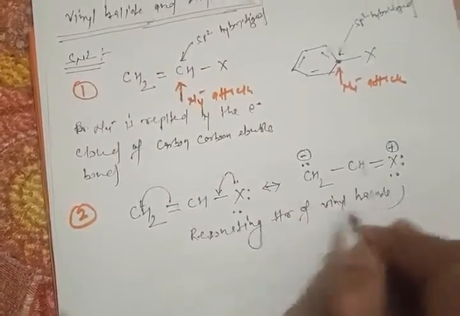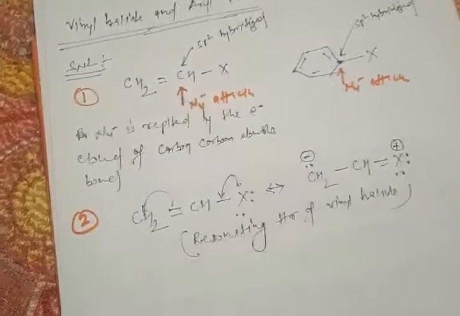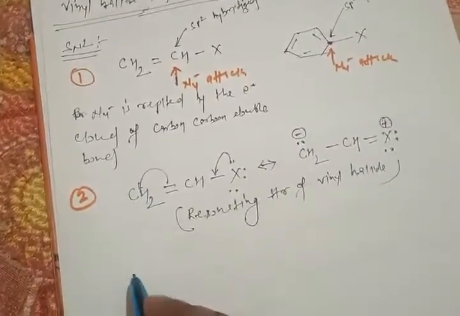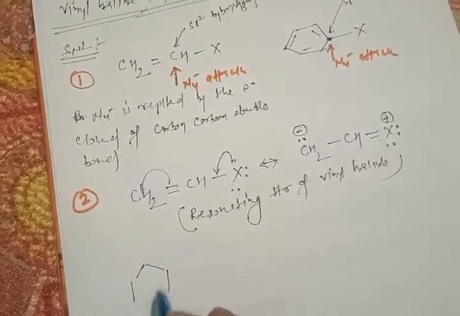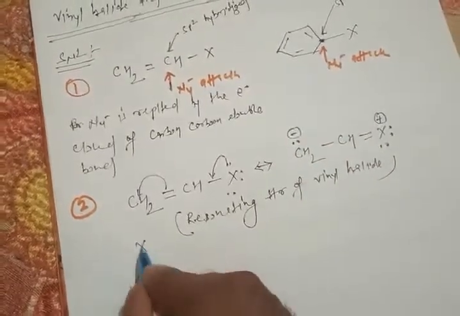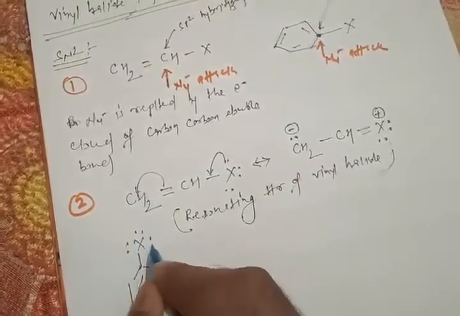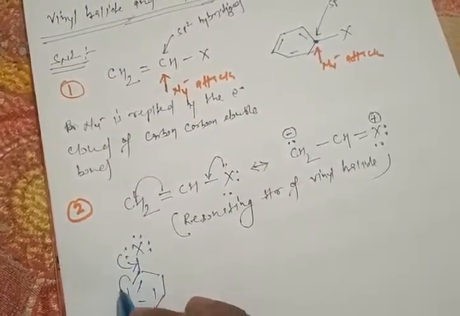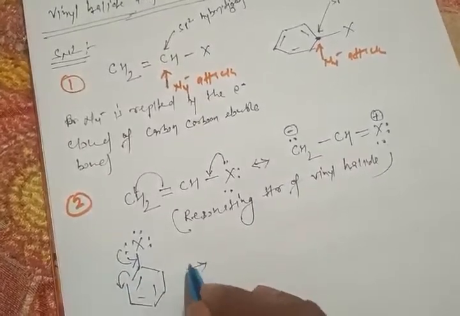And we already know the resonating structure of aryl halide, and I don't think it is explained again, but let it do. So here is the X, and what will happen, this electron will move to this side, and this will go to this side.